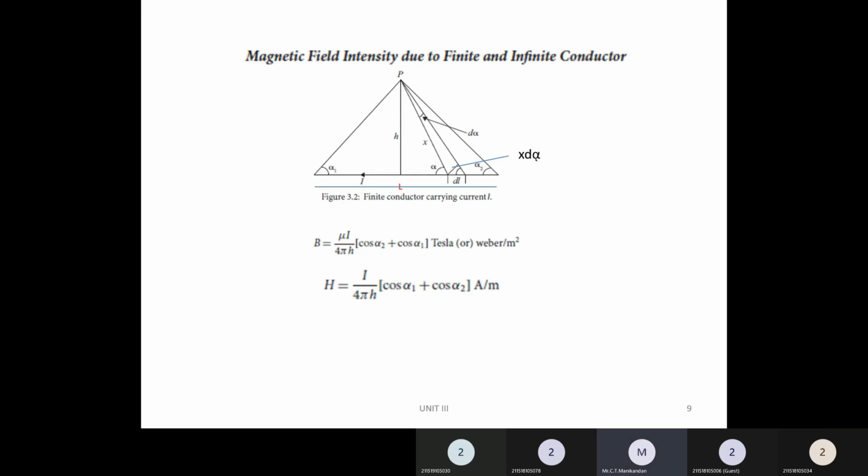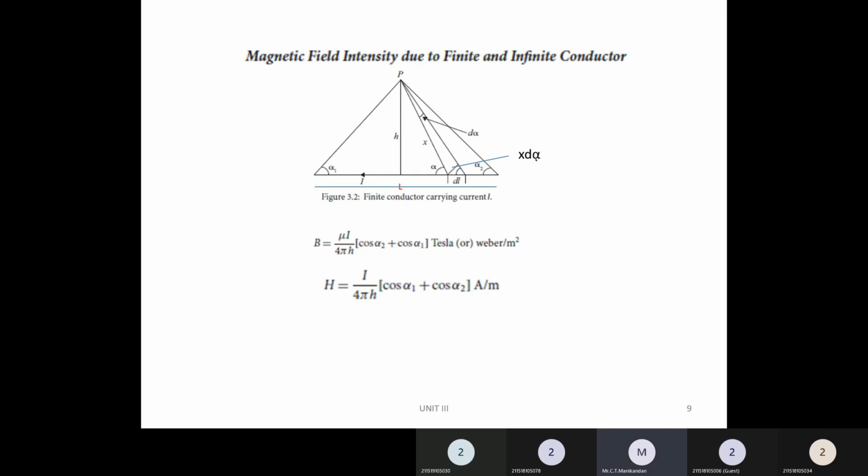Because of the current flowing in the conductor, what is the effect on the magnetic field at a nearby point? Instead of a finite conductor, if the conductor is infinite, what is the magnetic field at this point because of this infinite conductor?